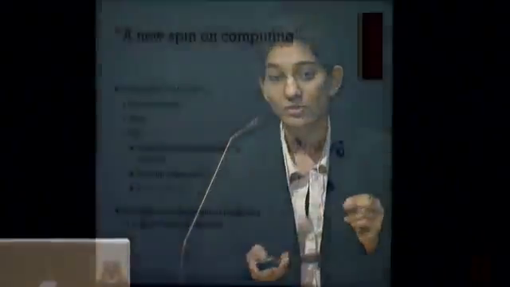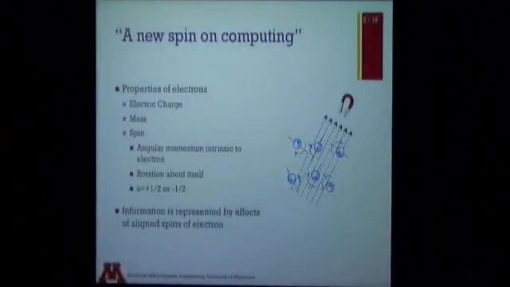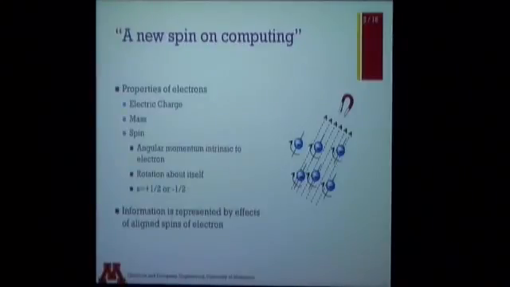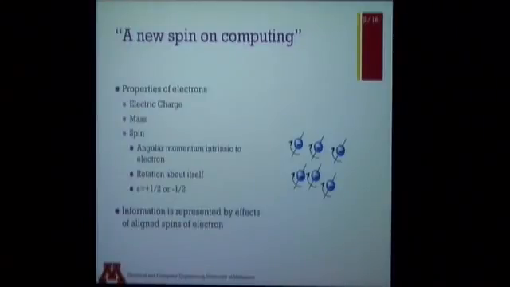So what really spin brings to the table is this new degree of freedom, this additional degree of freedom and additional capability. So even though we cannot really control and observe individual spins of electrons, what we can do is control the spins of a group of electrons together, and observe the effects of this group of electrons.